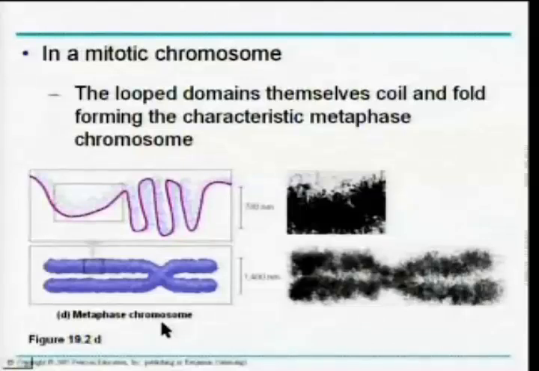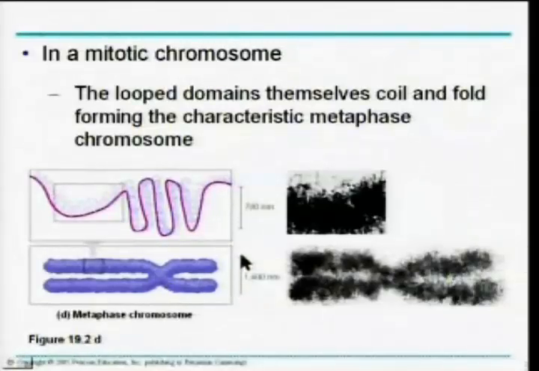Obviously, this would have appeared like this in prophase as well. And pre-metaphase, it would be like this. But anyway, this is the characteristic metaphase chromosome that we would see in a karyotype, correct?